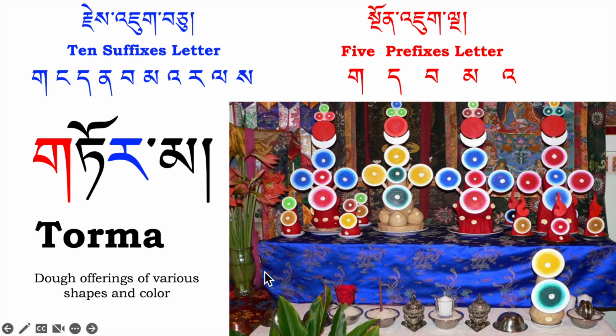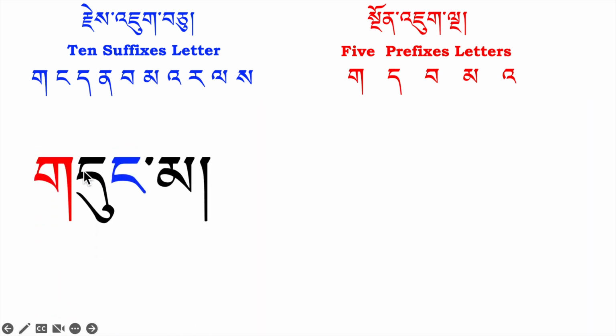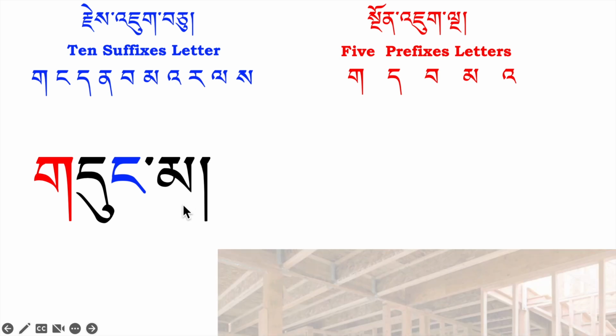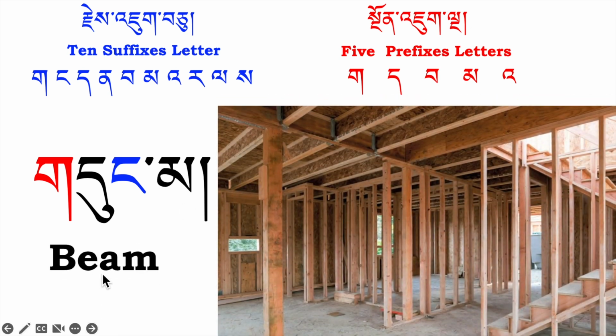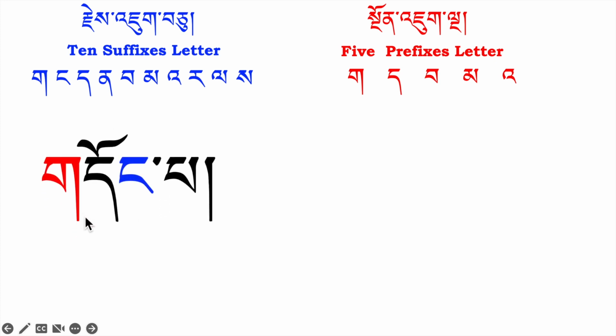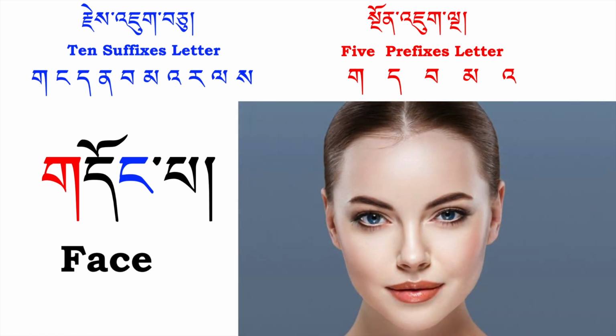Of course they are all kinds of shapes. You can see here a beautiful shape and beautiful decoration. This is called torma. Next one, kao da shabju du, nga, tungma. Tungma means beam. Next one, kao ta naro to, nga, tong, pa, dongpa. Dongpa means face.